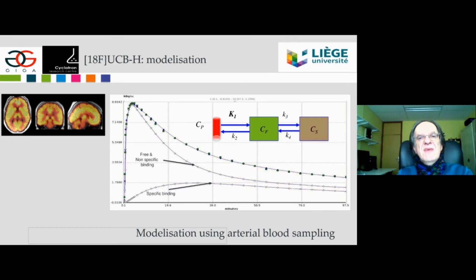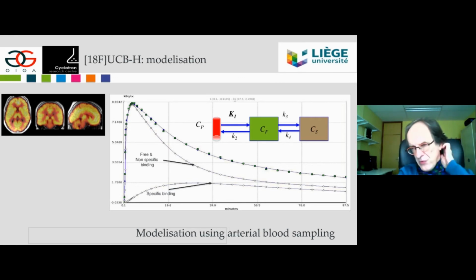Having that kind of model in order to determine what's effectively going on, you will get a part of your signal which will be free and non-specific, and then a part of it which will be a specific binding, and that's what you want to get with modelization. So we want to have a full modelization. First, you need to use arterial blood sampling. Why?